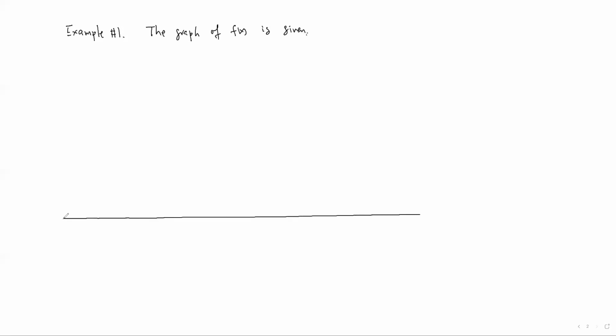Now problem example number 1. The graph of some function is given below. Let me draw the graph. y is f of x.